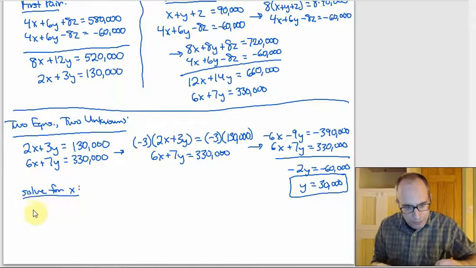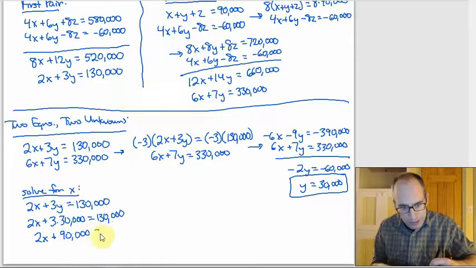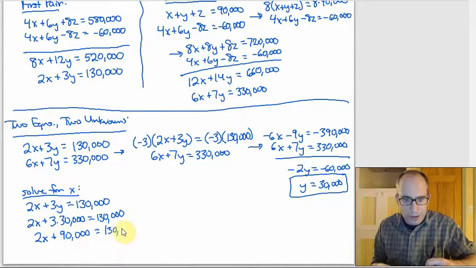And if we do that, I guess I'll just use the top one. The numbers are smaller. So 2x plus 3y equals 130,000. And then subbing in for y, 2x plus 3 times 30,000 equals 130,000. So then 2x plus 90,000 equals 130,000.